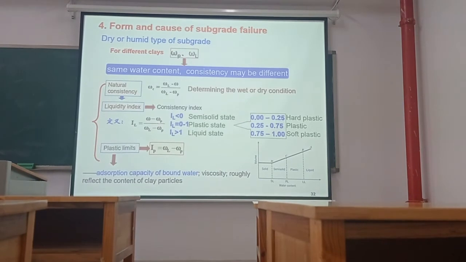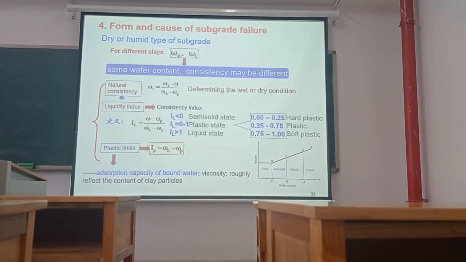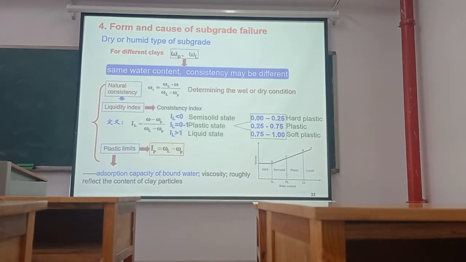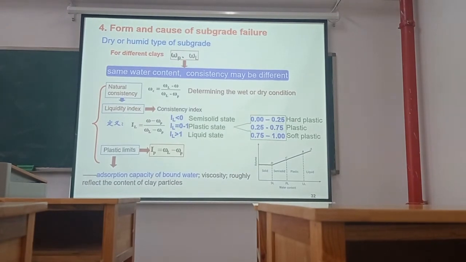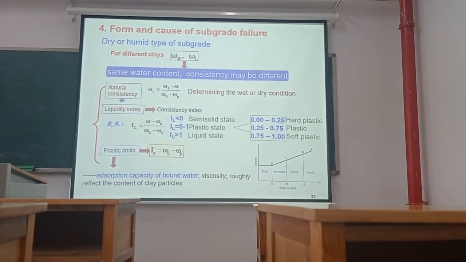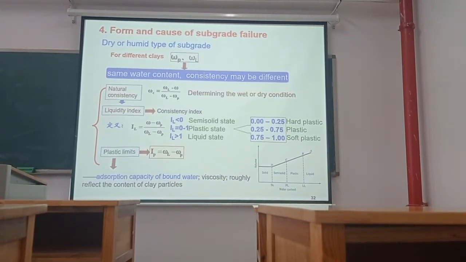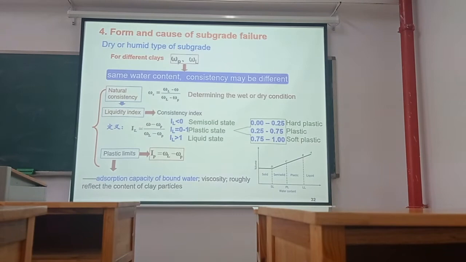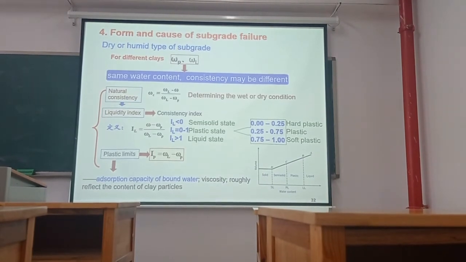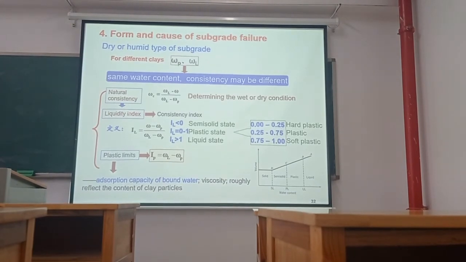When we know ωL and ωP and the natural water content, this is the natural water content or moisture content of soil, we can use this to calculate the liquidity index.